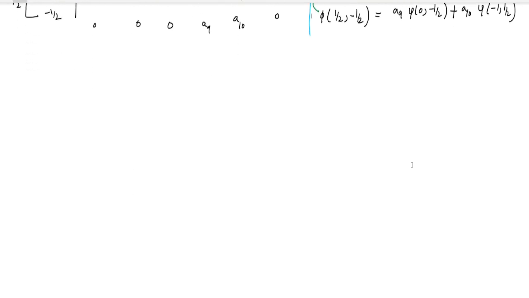So let us find this one, this is 2. Here I'm going to try to find these coefficients.